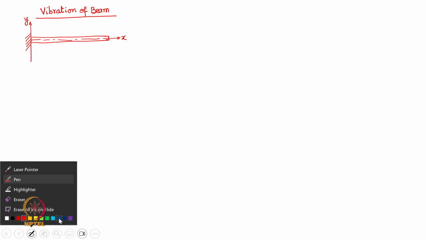This axis is y, and pretty much the same way as we did earlier, we take a very small element of length dx from this particular continuum and focus on the force balance of this small element.